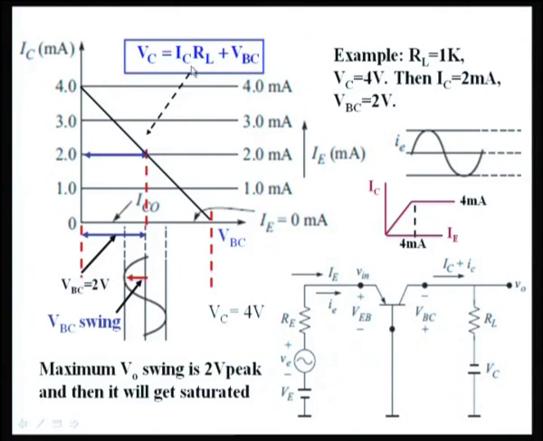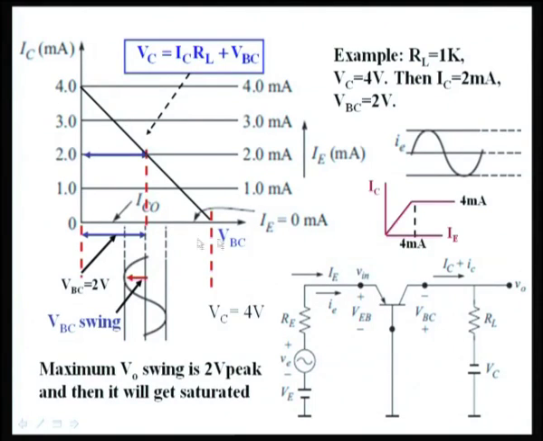So, when V BC is equal to 0, V C is equal to I C times R L, or V C is 4 volts, R L is 1 K, this is 4 milliamperes. 4 volts by 1 K is 4 milliamperes.